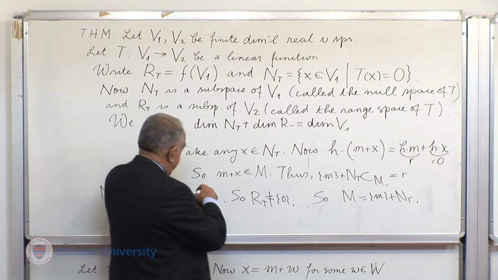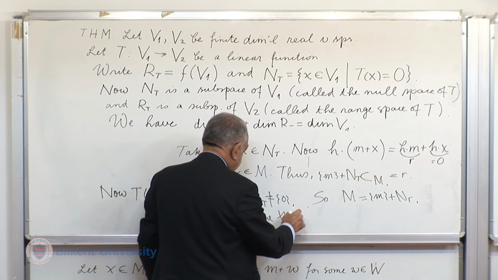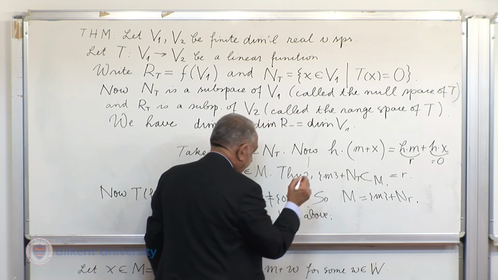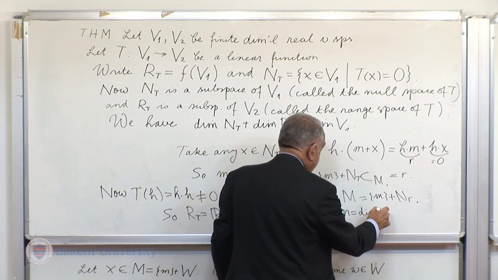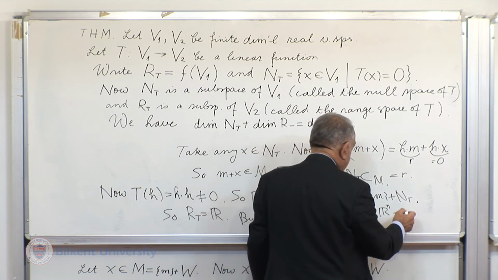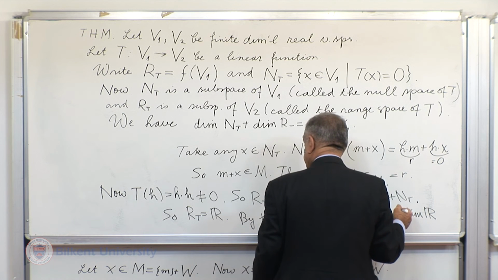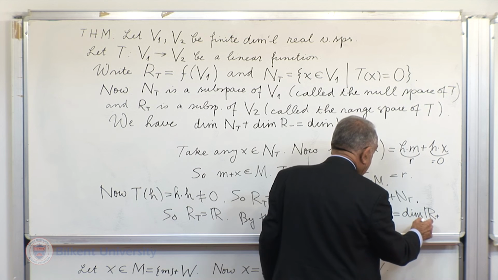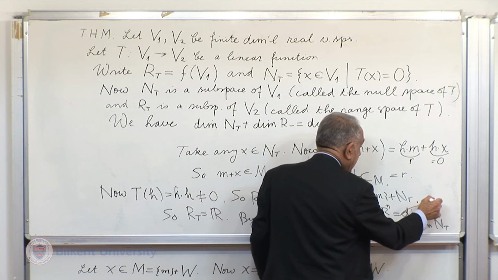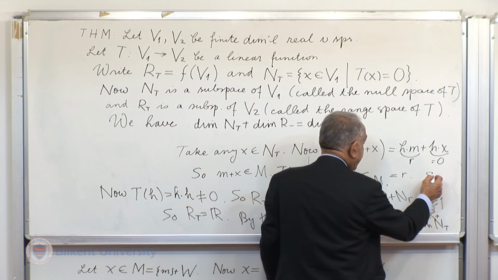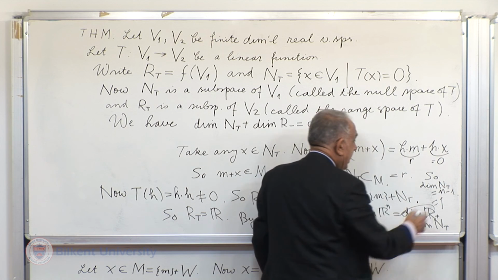Now, by this theorem, n, that's the dimension of Rn, is equal to the dimension of R sub T, but that's 1, plus the dimension of N sub T. But this is n, this is 1, so the dimension of N sub T is n minus 1.